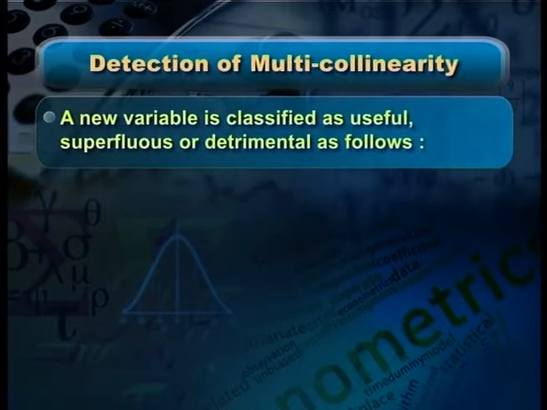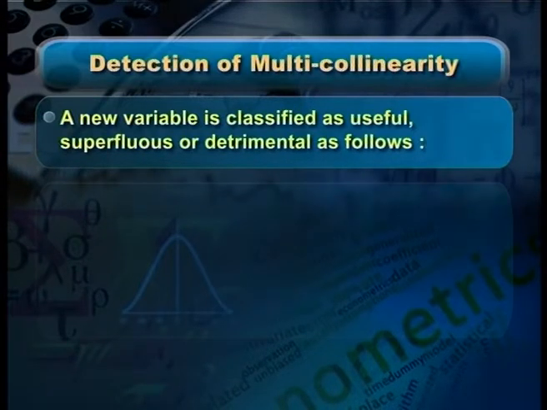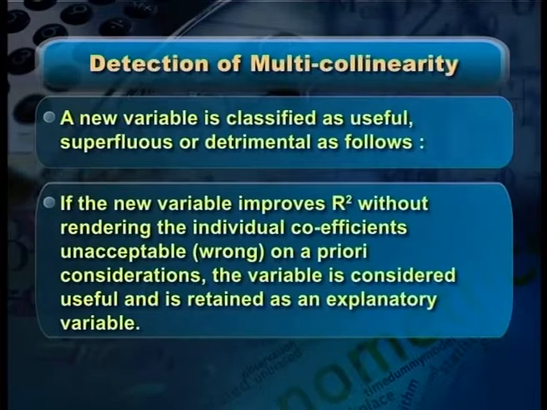Frisch classified a new variable as useful, superfluous or detrimental. If the new variable improves R square without rendering the individual coefficients unacceptable on a priori considerations, the variable is considered useful and retained as an explanatory variable in the model.